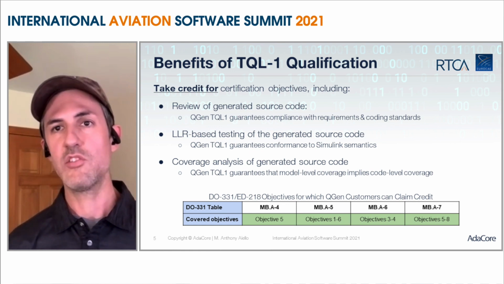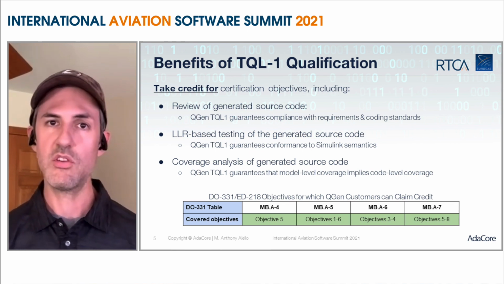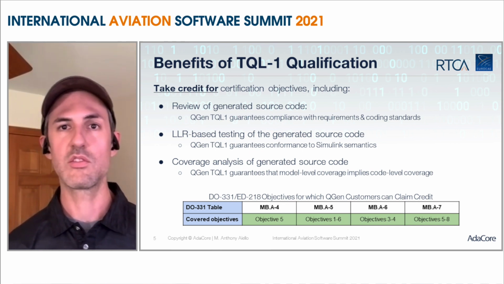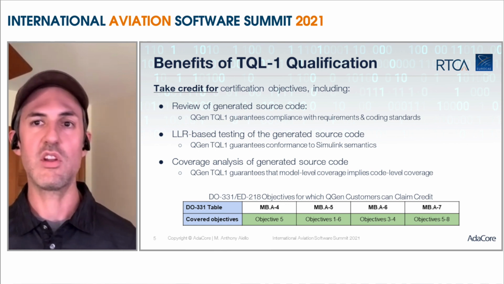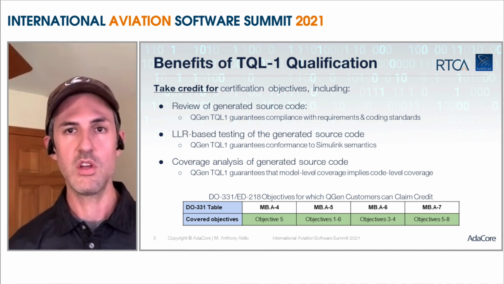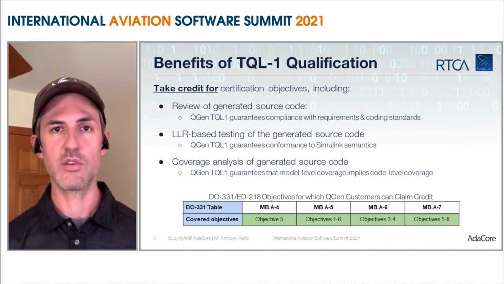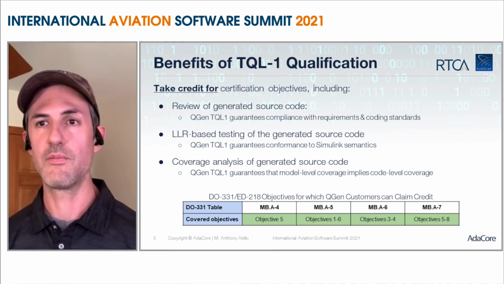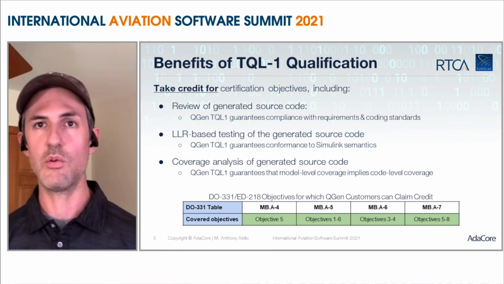Likewise, testing of the generated source code is unnecessary because TQL1 guarantees conformance to the Simulink semantics. Finally, applicants can take credit for coverage analysis of the generated source code because TQL1 for QGen guarantees that model level coverage will imply code level coverage. So these are the kind of benefits of having a tool that's been qualified to TQL1.